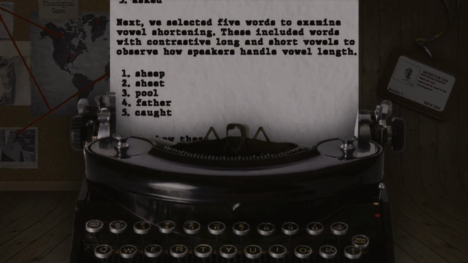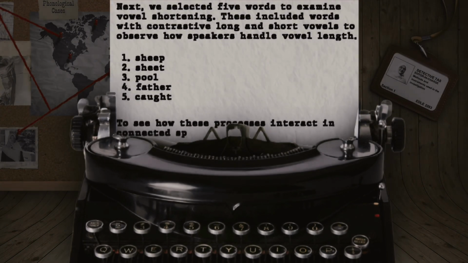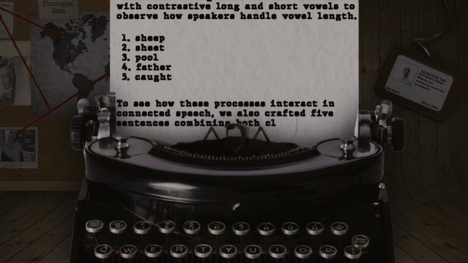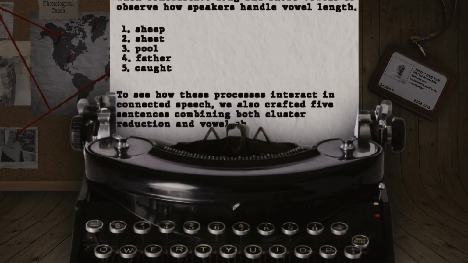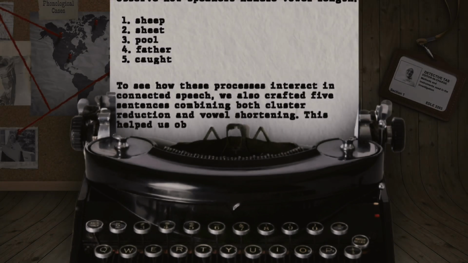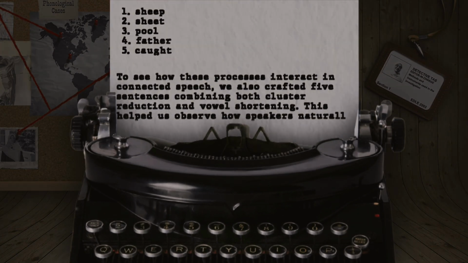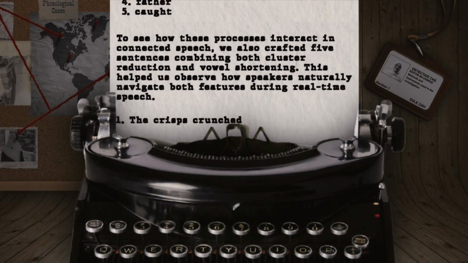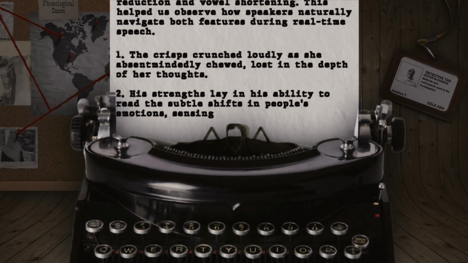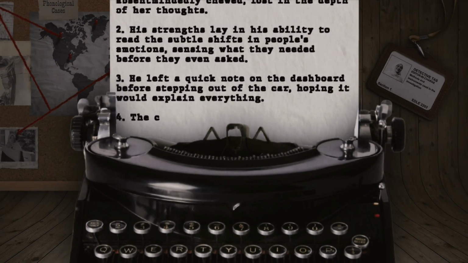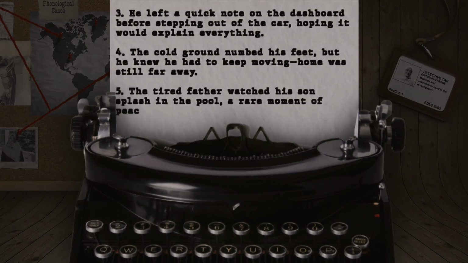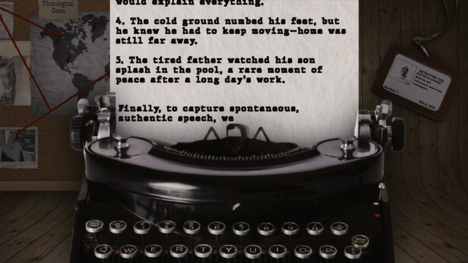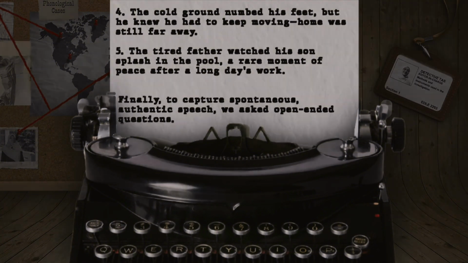To see how these processes interact in connected speech, we also crafted 5 sentences combining both cluster reduction and vowel shortening. This helped us observe how speakers naturally navigate both features during real-time speech. Finally, to capture spontaneous, authentic speech, we asked open-ended questions.